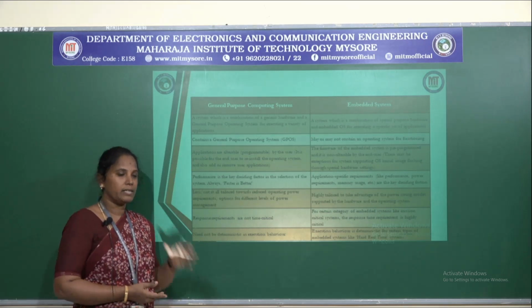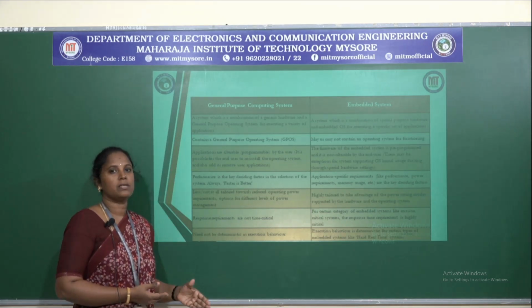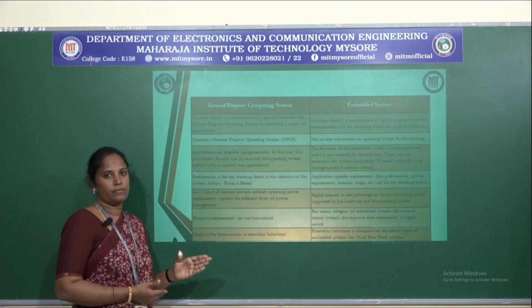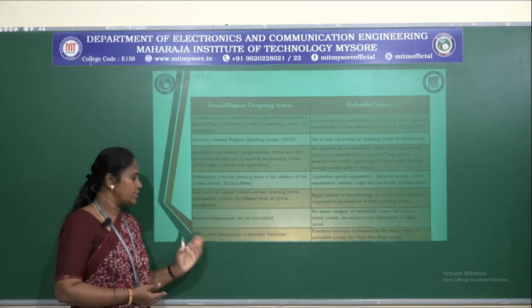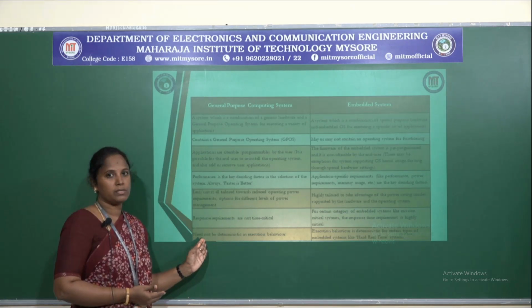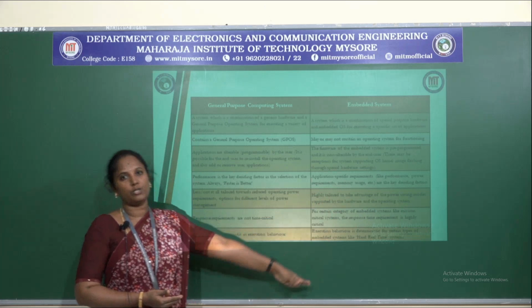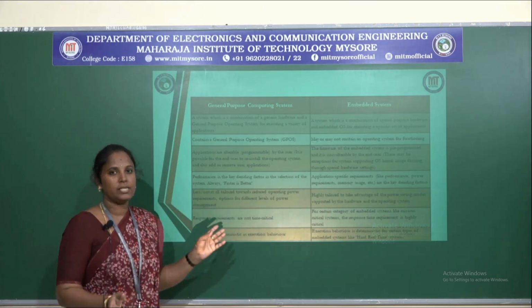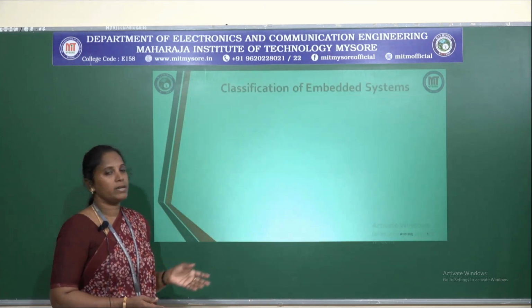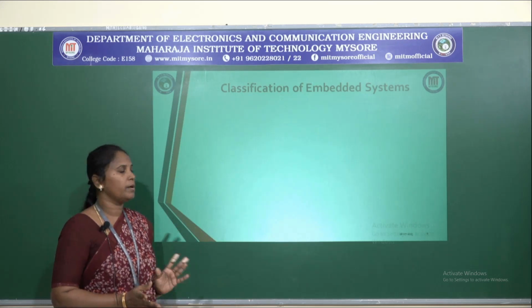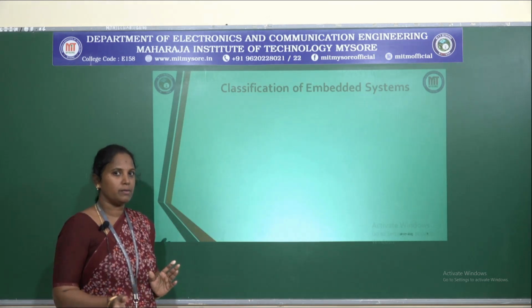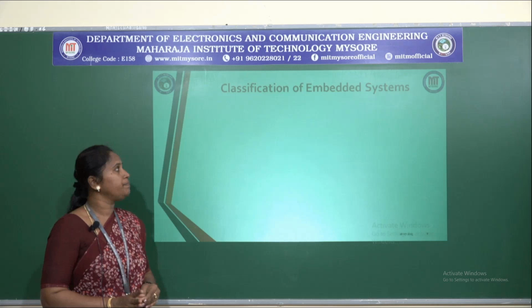That means it has to perform its operation, and missing any particular event is going to cause damage. So that's why in general purpose computing system it is not deterministic, but in case of embedded system it has to be deterministic. So these are some of the points where we distinguish your general purpose computing system with respect to your embedded system.